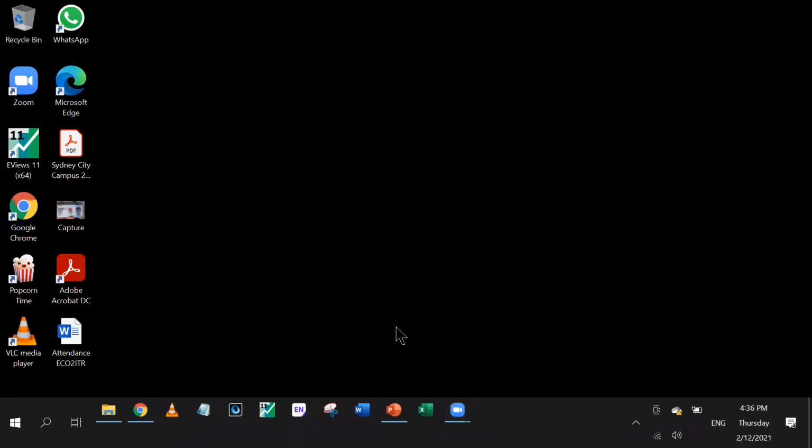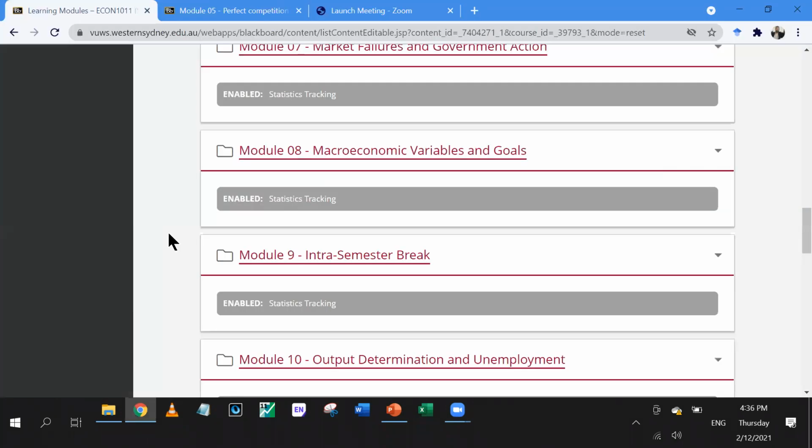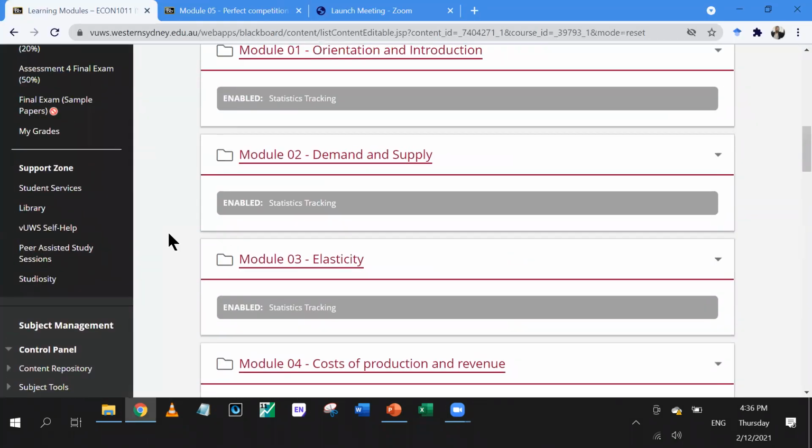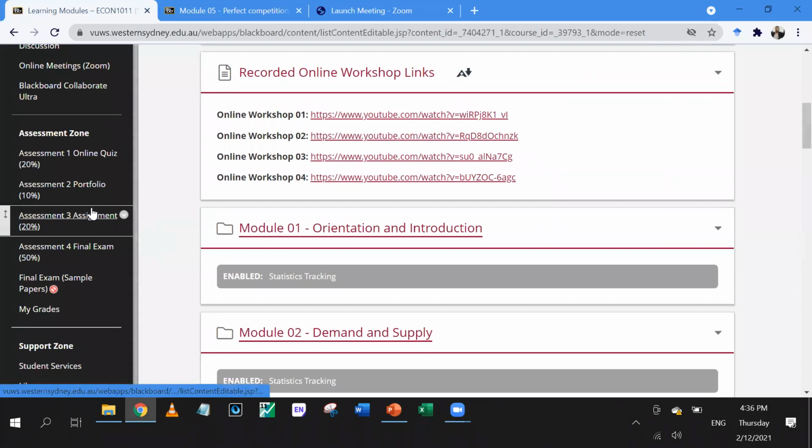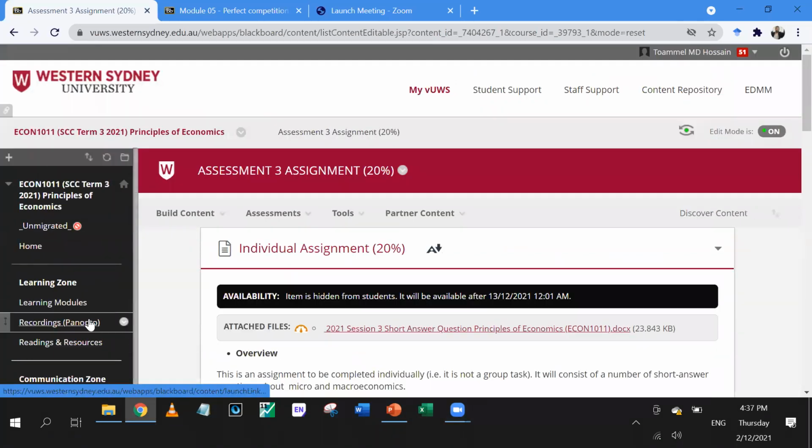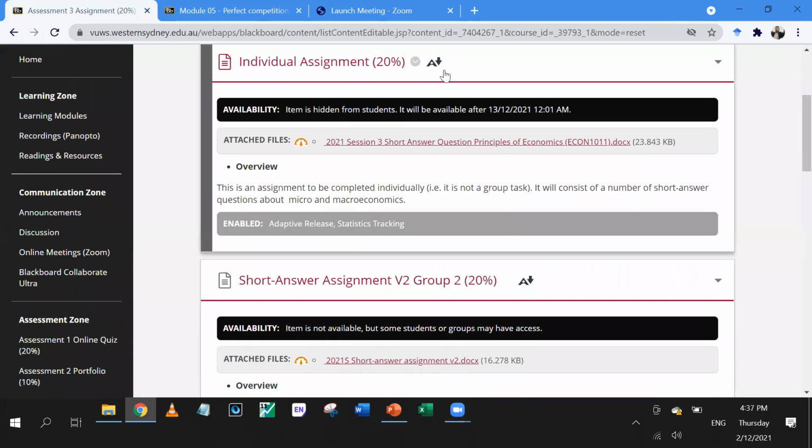When is the assignment available? Or when is the assignment open and then we can start doing it? If you go on the assignment link, it will tell you individual assignment, item is hidden from student. It will be available after these dates.